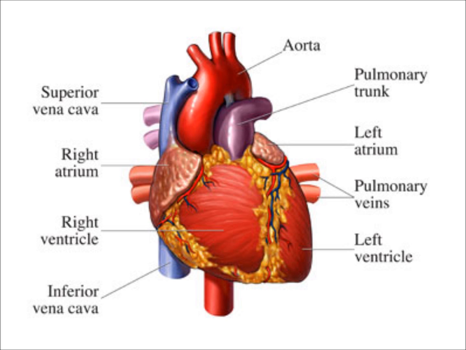The only time it doesn't would be, let's say, if somebody's SA node was not functioning properly. Then another of those areas can actually pick up the slack and generate the contractile wave that spreads through the myocardium. But in a normal, healthy individual, it goes in this 5-step sequence: SA node, AV node, AV bundle, bundle branches, and Purkinje fibers.